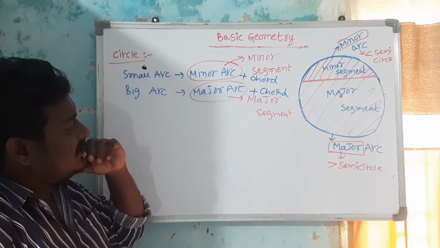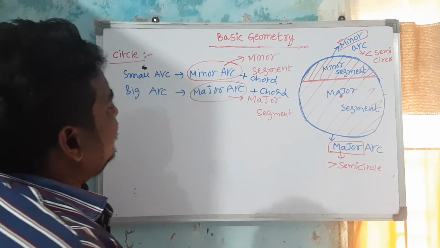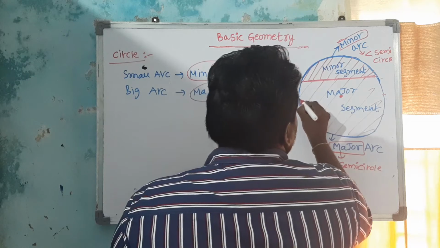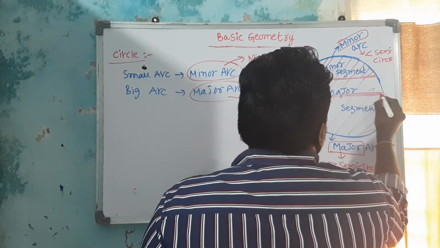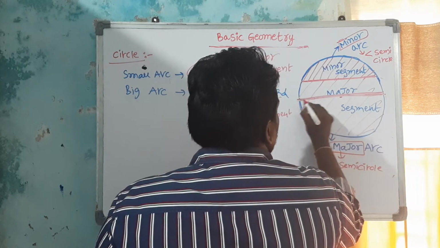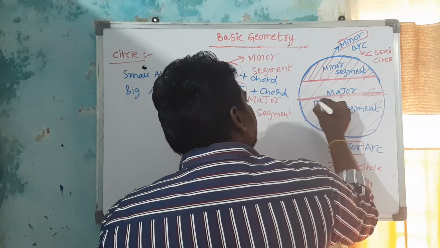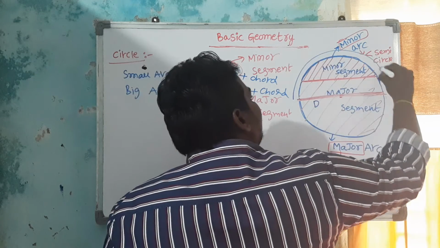Yes, that's about the minor arc and major arc in a circle. The biggest chord is the diameter, and the chord which is passing through the center is called the diameter.